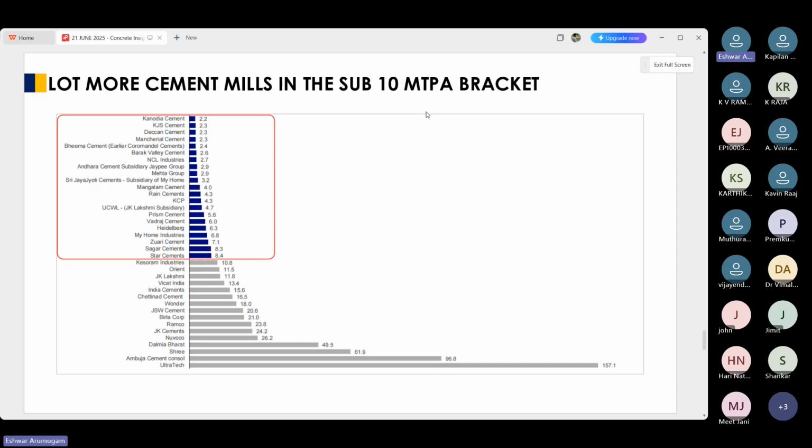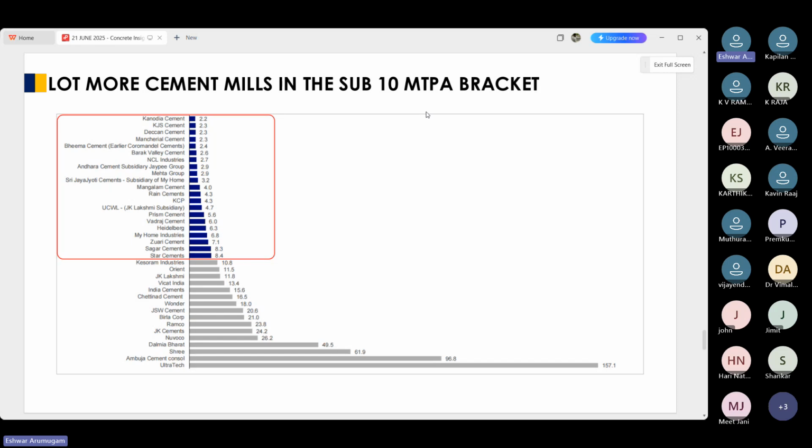And yeah, lease expiry could be a reason. A leveraged balance sheet could be a reason. Or if it is a group company which is in multiple businesses, and cement is a relatively lower focus segment for them, that might lead the promoter to hive it off.